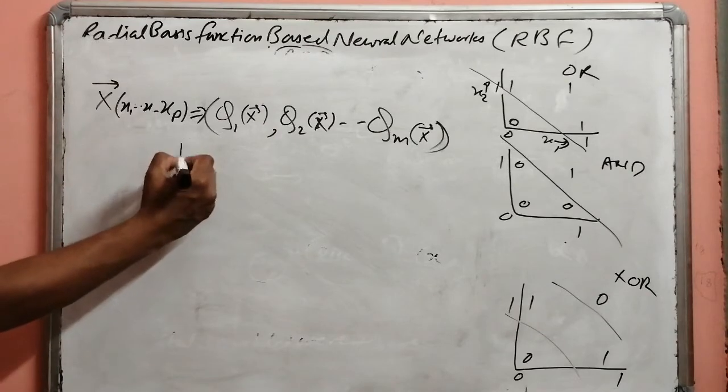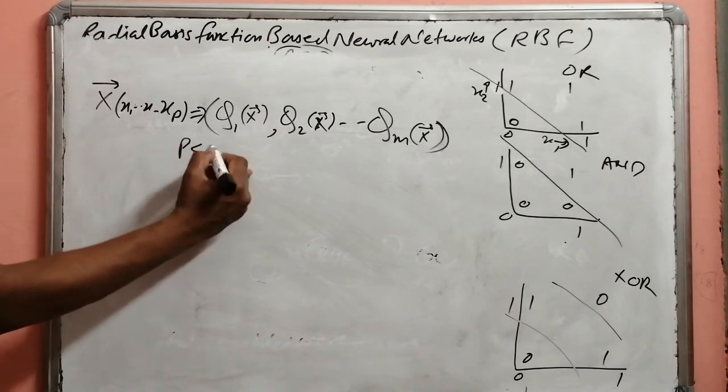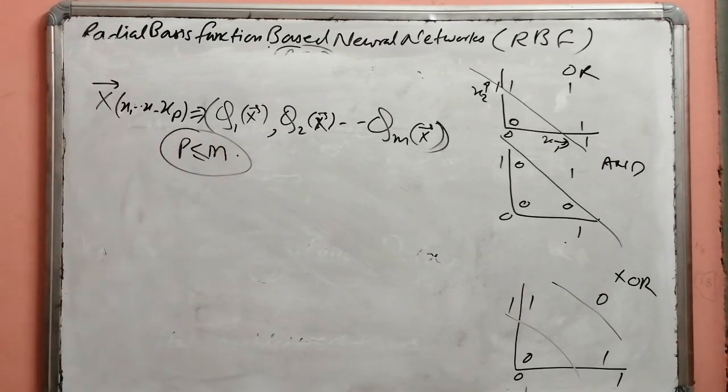And one thing more to remember, that p is less than or equal to m, means it is also possible to map the p featured space into some new p features. Means to say that 10 features were initially there and we have to generate 10 new features.